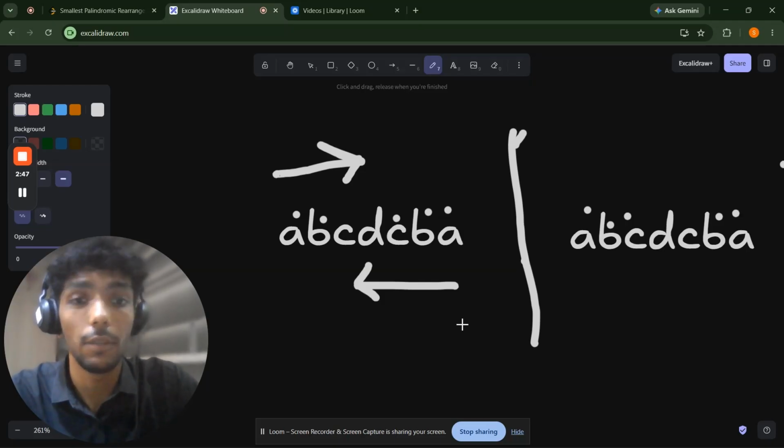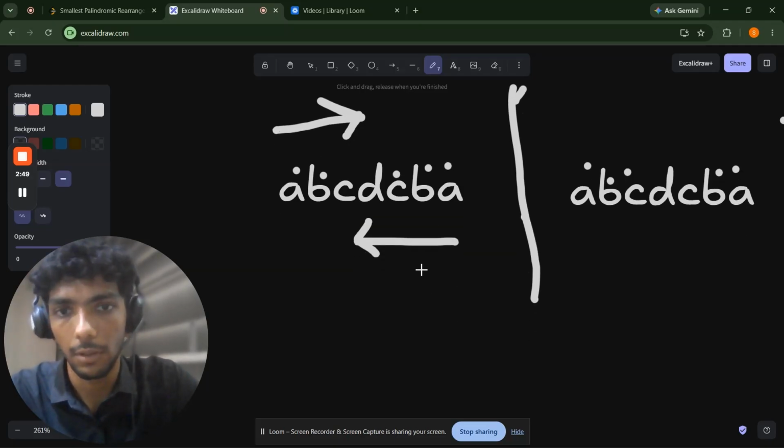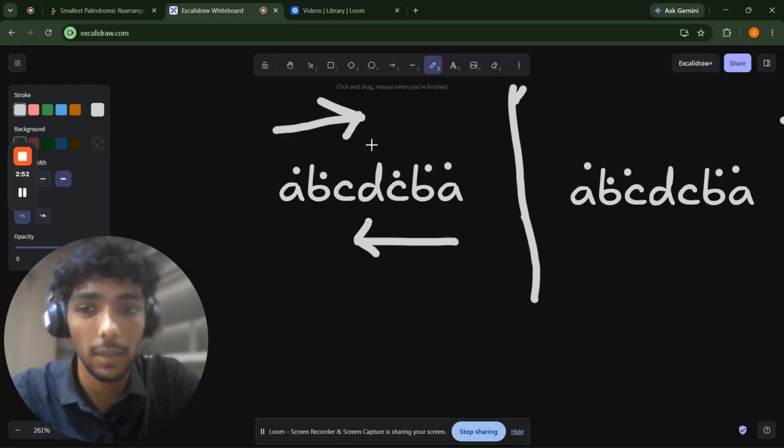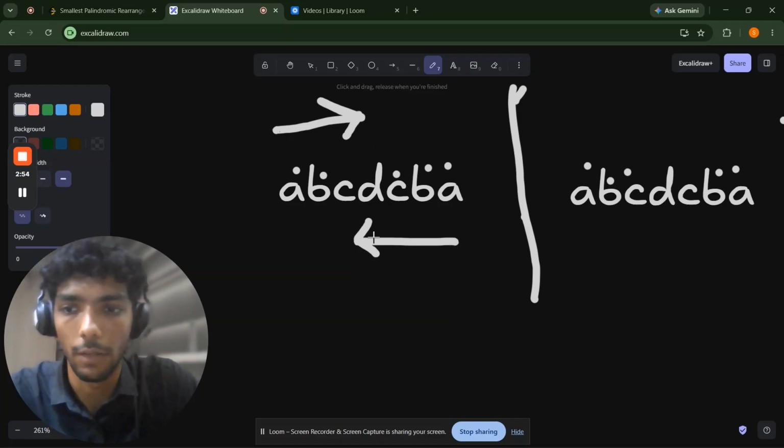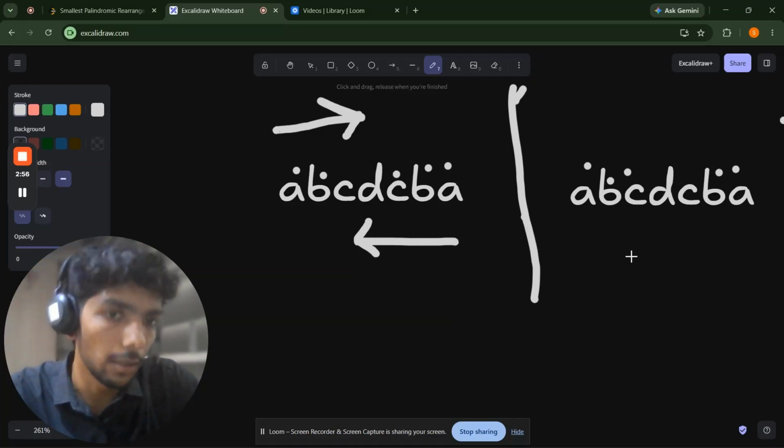So we have two conclusions: reading left to right equals reading right to left, and the string equals its mirror image.